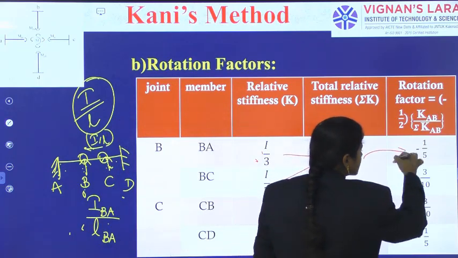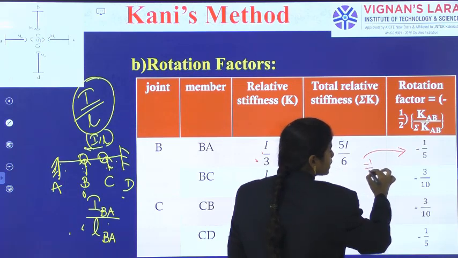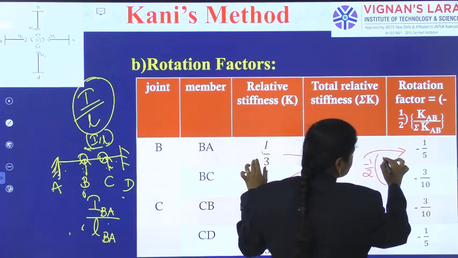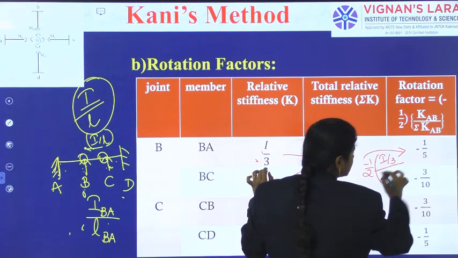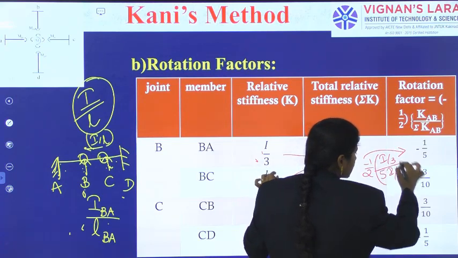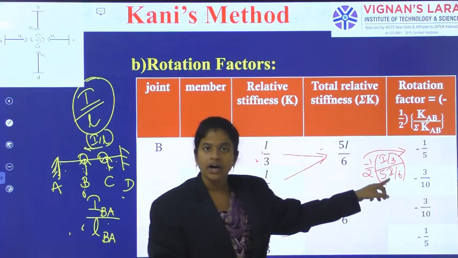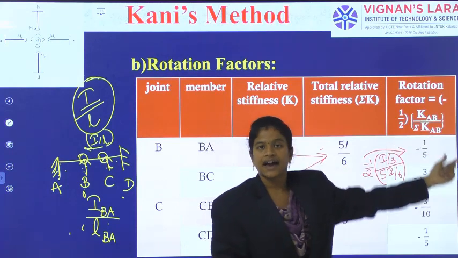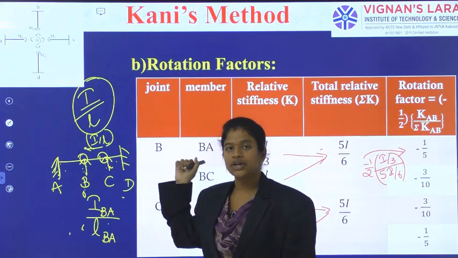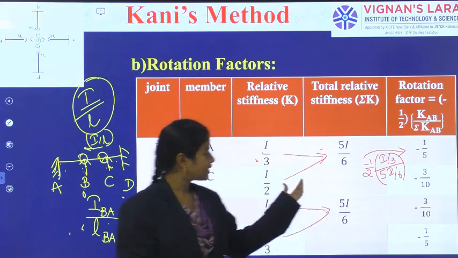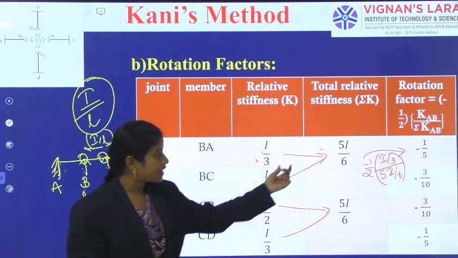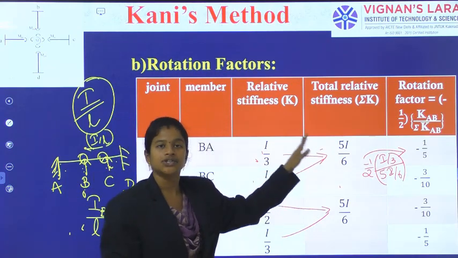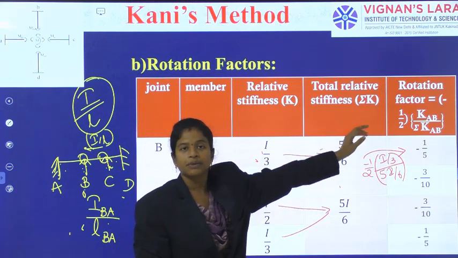So how did this output come? This ratio has given me the rotation factor for the member B towards A. Similarly for the next step, again I by 2 divided by 5I by 6. This ratio needs to be multiplied by minus 1 by 2.